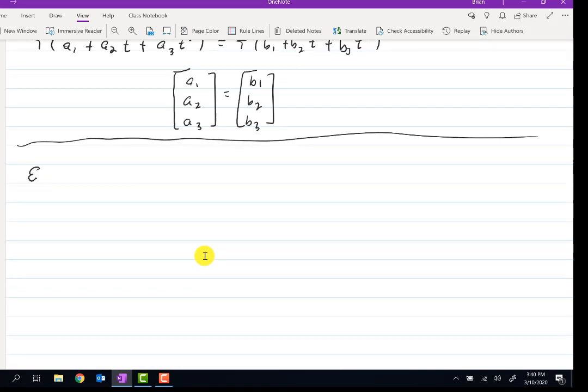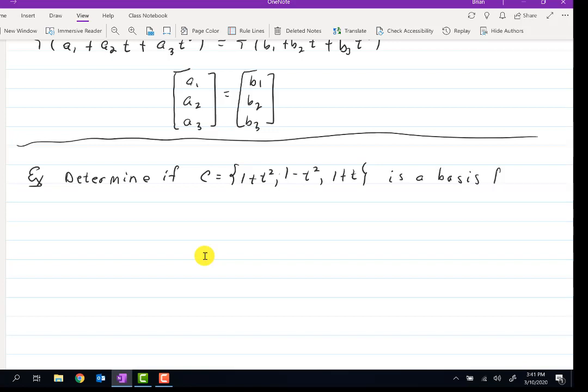Another example to illustrate the power we're getting at here. Determine if C equals {1 plus t squared, 1 minus t squared, 1 plus t} is a basis for P sub 2.